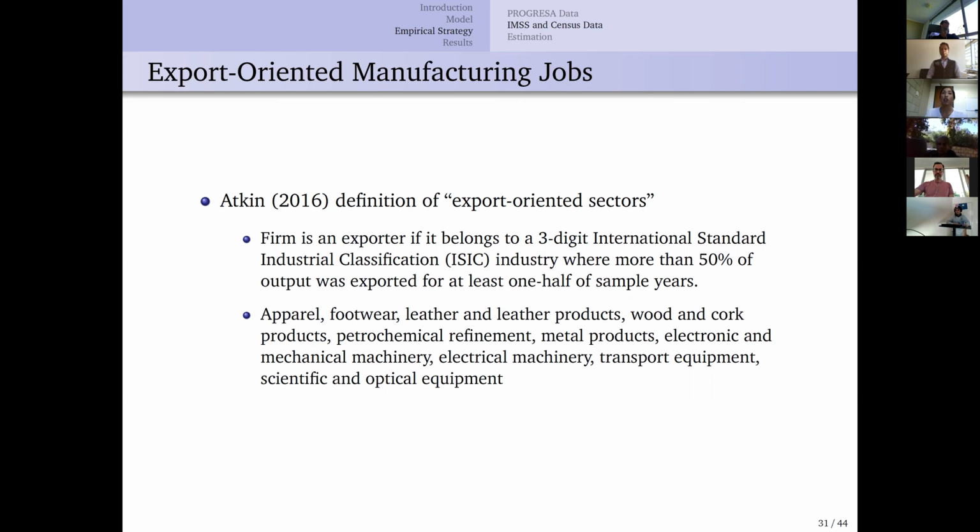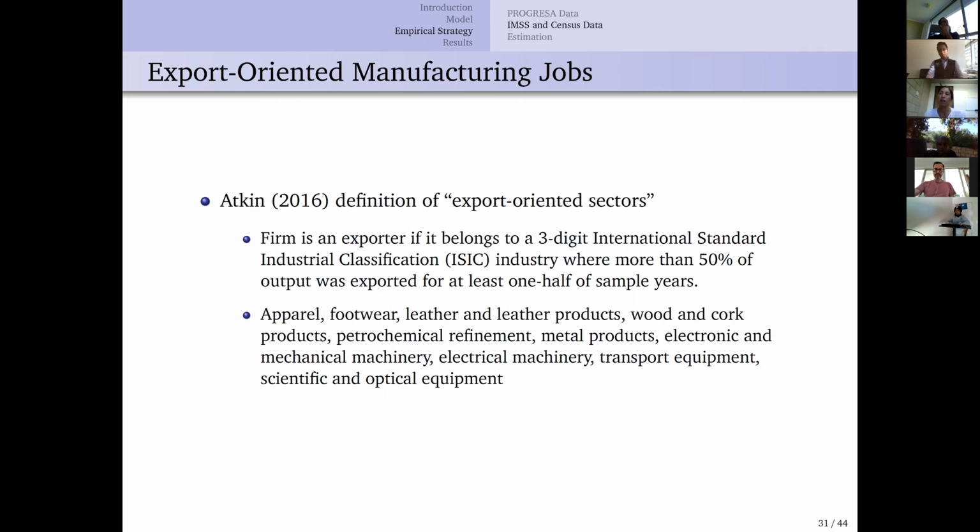Yeah, so I think I could. I was double checking this on the slide now. I think most of the export-oriented sectors here ended up being these manufacturing type jobs. I don't know whether it's just because that 50% restriction cuts out a lot of the agriculture.